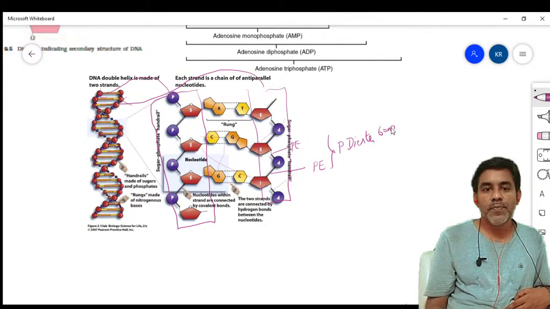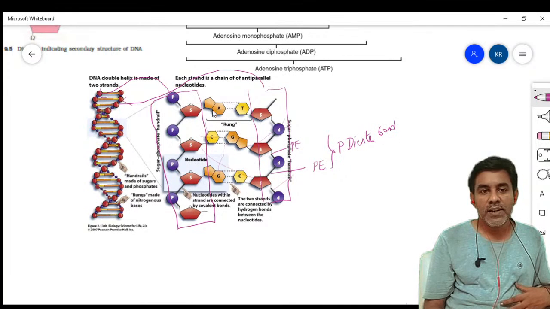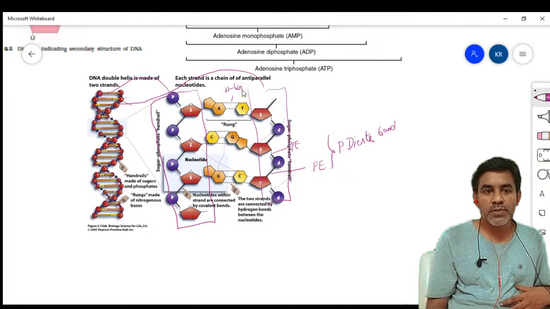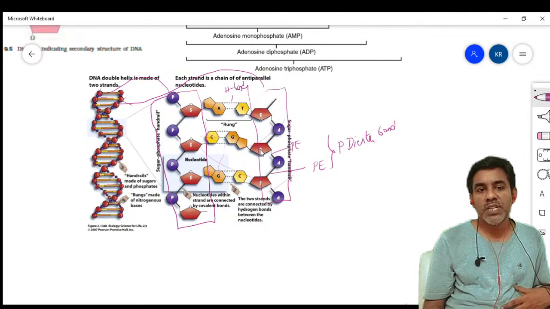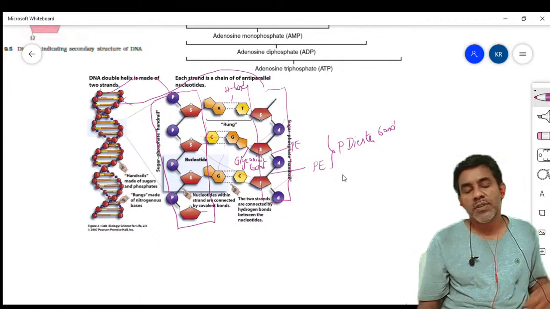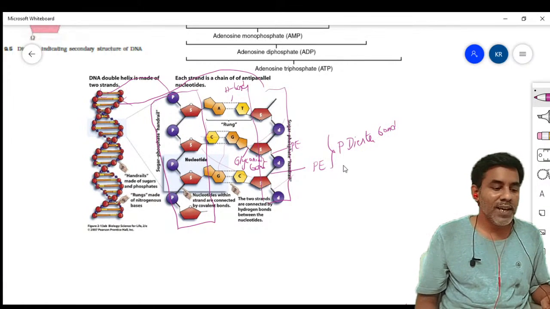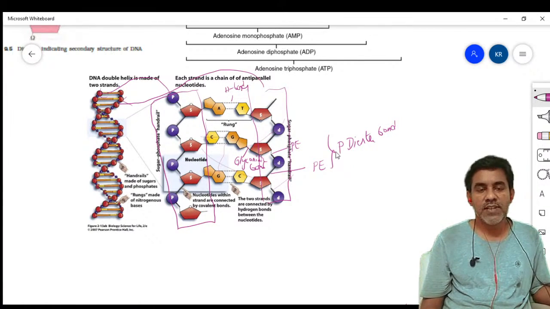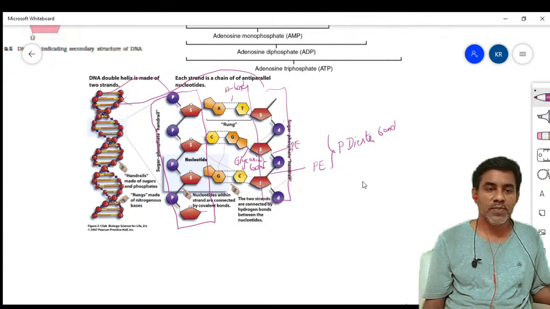In between the nitrogen bases, these are the hydrogen bonds. In between the sugar and the nitrogen base, you observe the glycosidic bond. So this is all about the nucleic acids.